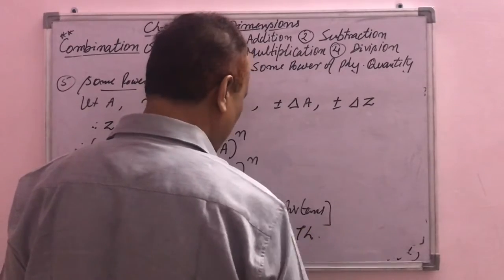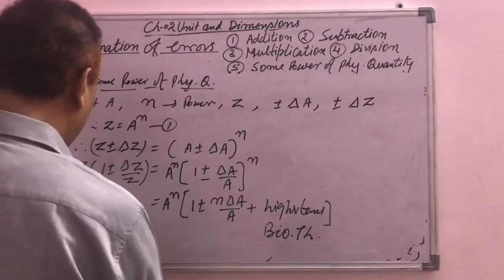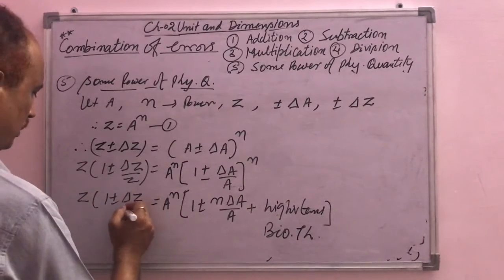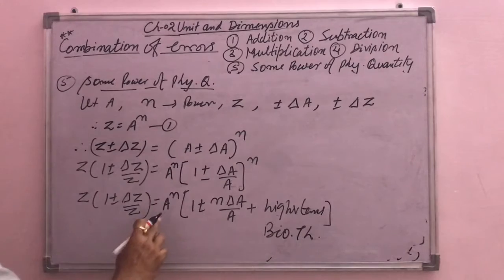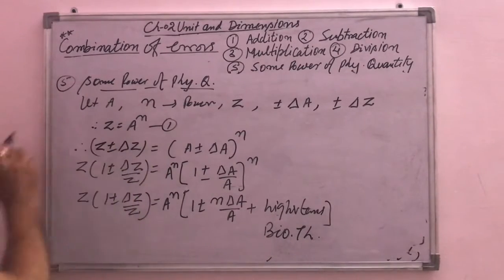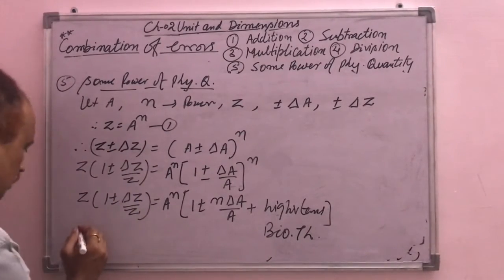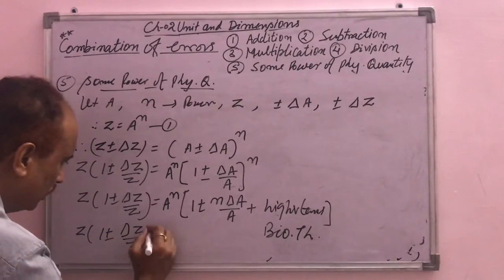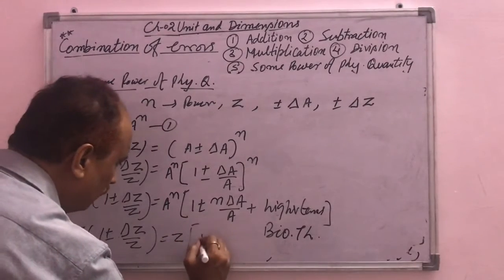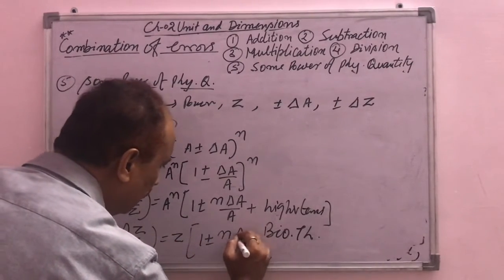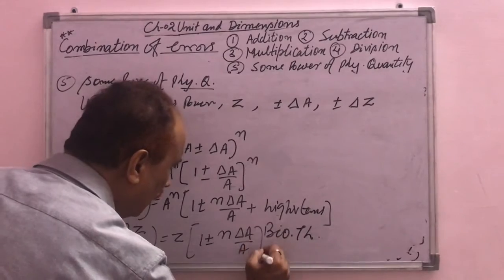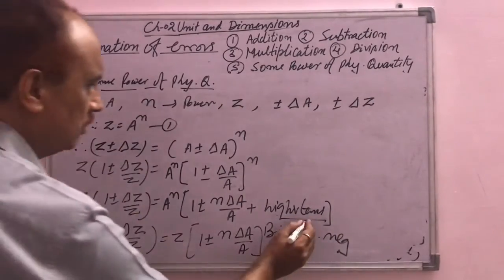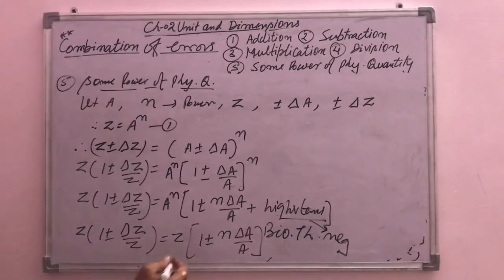So this is the result, and it is equal to Z into 1 plus minus delta Z upon Z. Now A to the power N in equation number 1 equals Z, so it is replaced by Z. So we can write Z into 1 plus minus delta Z upon Z equals Z into 1 plus minus N delta A upon A, because higher terms are neglected.